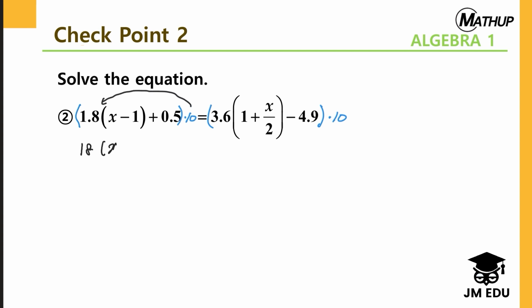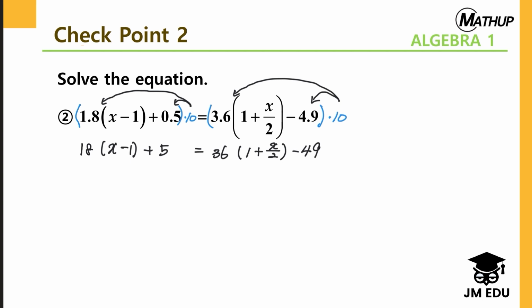And we have x minus 1, plus 10 times 0.5, that's 5, is equal to 10 times 3.6, that's 36. And we have 1 plus x over 2. And 10 times minus 4.9 gives us minus 49, right?